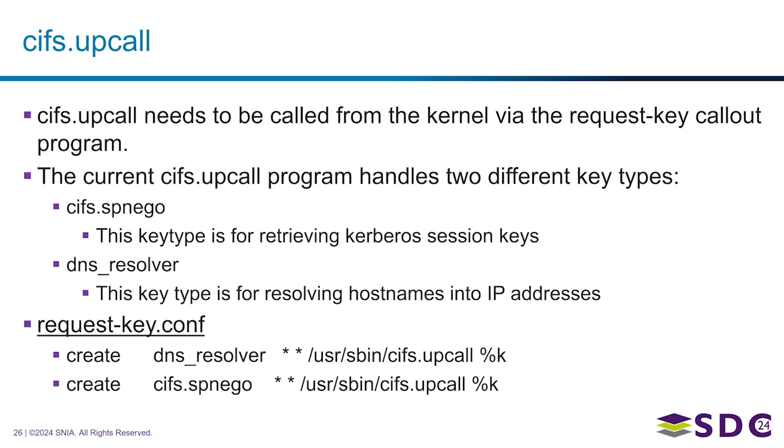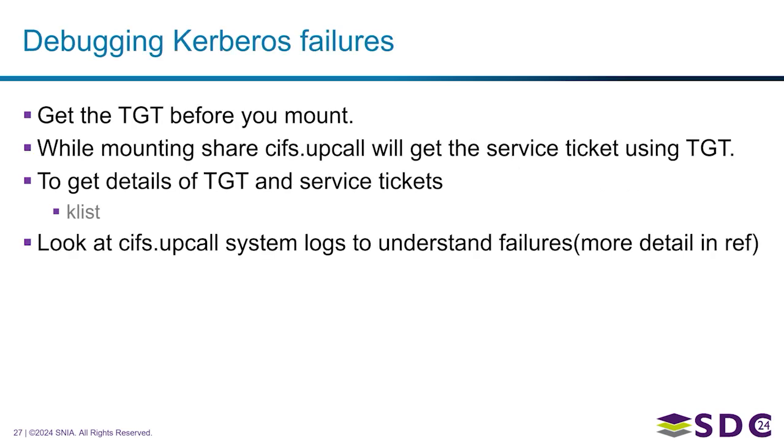And for that, you need to configure the request key properly, with a proper argument, so that the request key function finds the right description and finds the right binary to call along with the arguments.